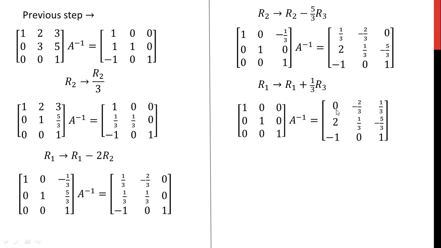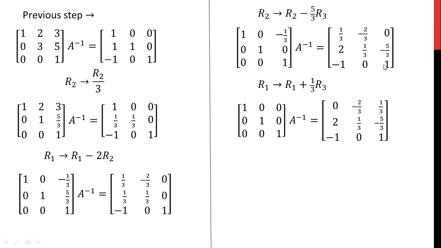Now see this carefully. Originally it is 1 by 3, 1 by 3 plus 1 by 3 into minus 1. So that is minus 1 by 3. So 1 by 3 minus 1 by 3 is 0. Then minus 2 by 3 plus 1 by 3 into 0 is 0. So minus 2 by 3 is as it is. Then here it is 0 plus 1 by 3 into R3.